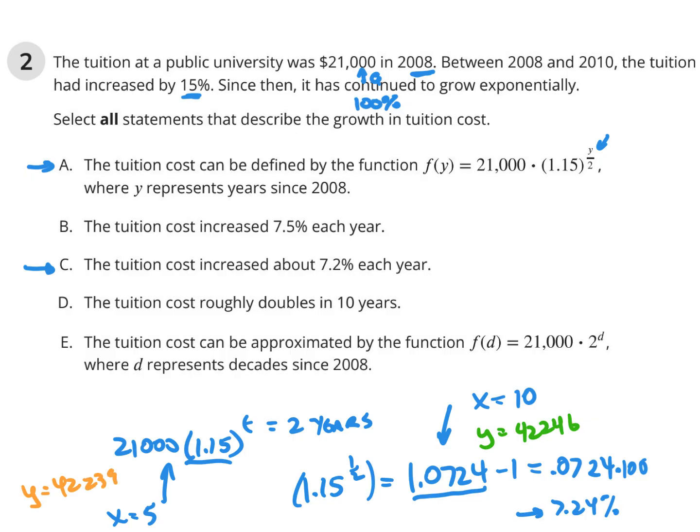They're $7 apart. When we're talking $42,000, they're $7 apart. So yes, the tuition roughly doubles in 10 years, and the tuition cost can be written like that since it roughly doubles. Okay, so you're going to have to do this on the quiz, so please understand why we did what we did and how we got the numbers we got.